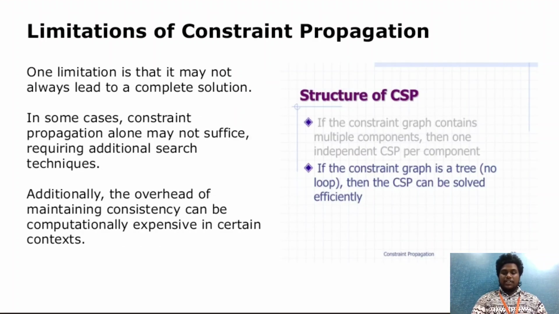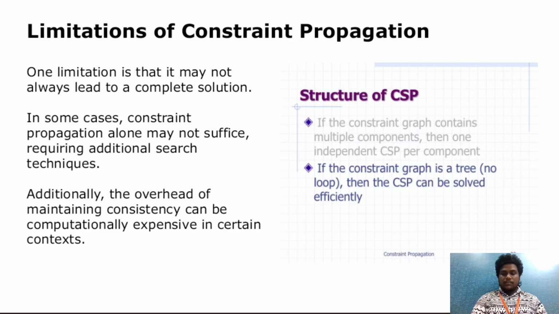Limitations of constraint propagation. One limitation is that it may not always lead to a complete solution. In some cases, constraint propagation alone may not be sufficient, requiring additional search techniques. Additionally, the overhead of maintaining constraints can be computationally expensive in certain cases.